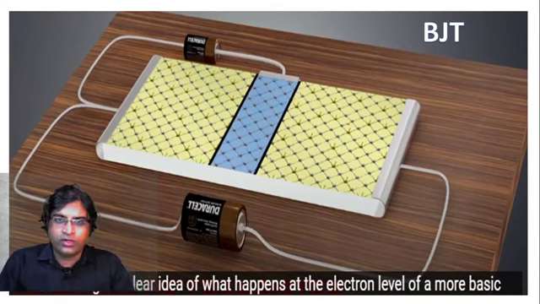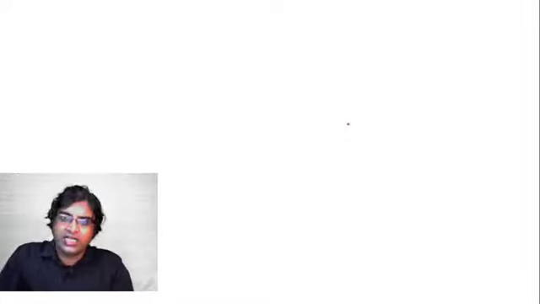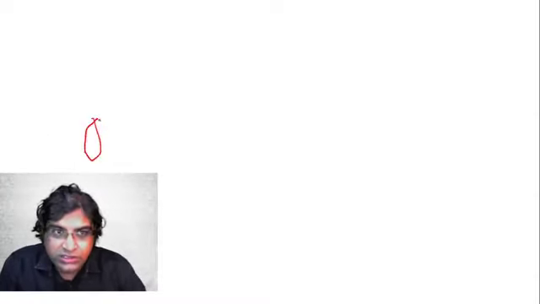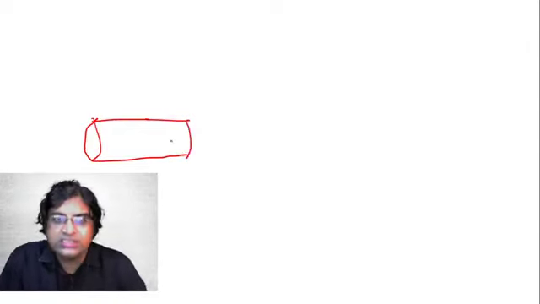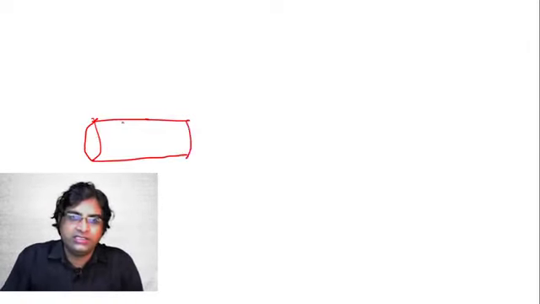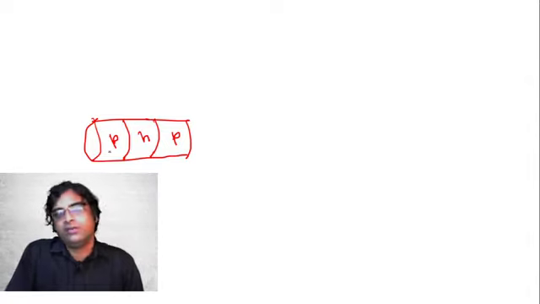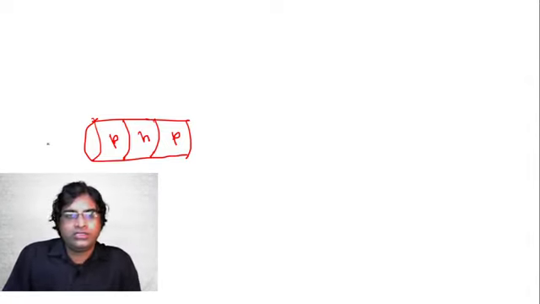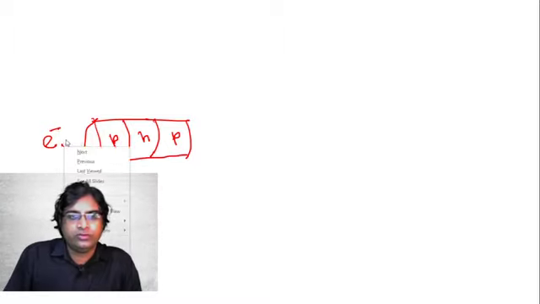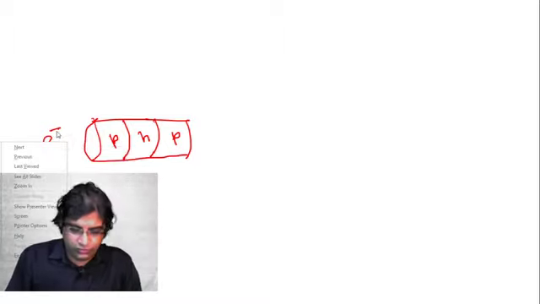Now I go for one very important thing: the transistor is called a transfer resistor. Why is the transistor called a transfer resistor? That is what we want to know. Suppose the transistor is created from P type material, PNP.